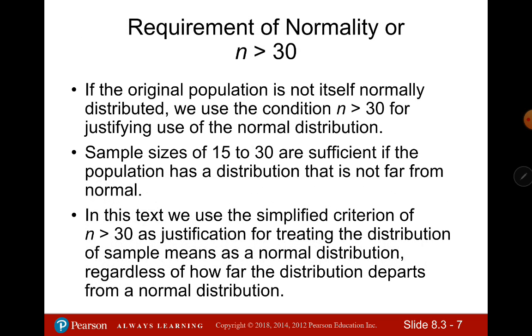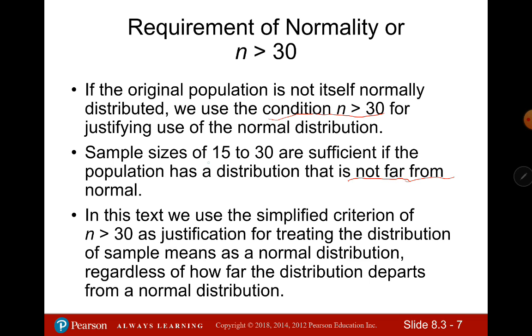Let's check the requirement for normality. We'll go through this quickly. Sometimes we know the original population is not normally distributed. Then we need the condition that n is greater than 30. If n is greater than 30, then any kind of distribution is fine for the testing. But sometimes the original population is not perfectly normally distributed, though it's not far from normal.